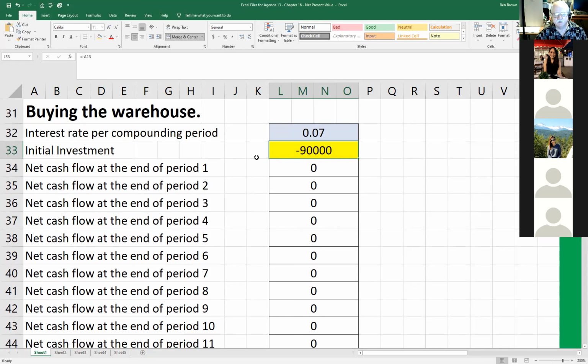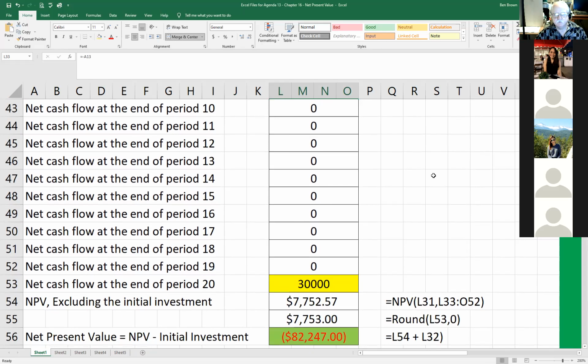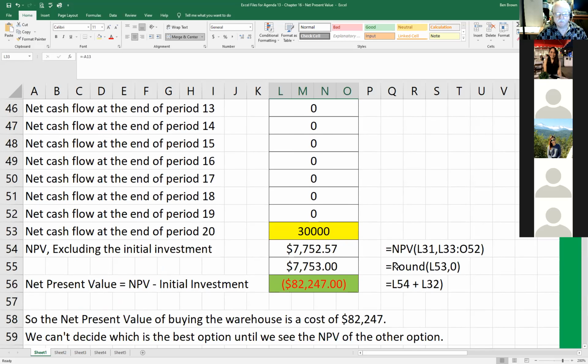And then we've got to list all 20 years. For the first 19 years, nothing happens because we own the warehouse. But the net cash flow at the end of period 20 is 30,000, because that's the residual value, presumably we sell it.